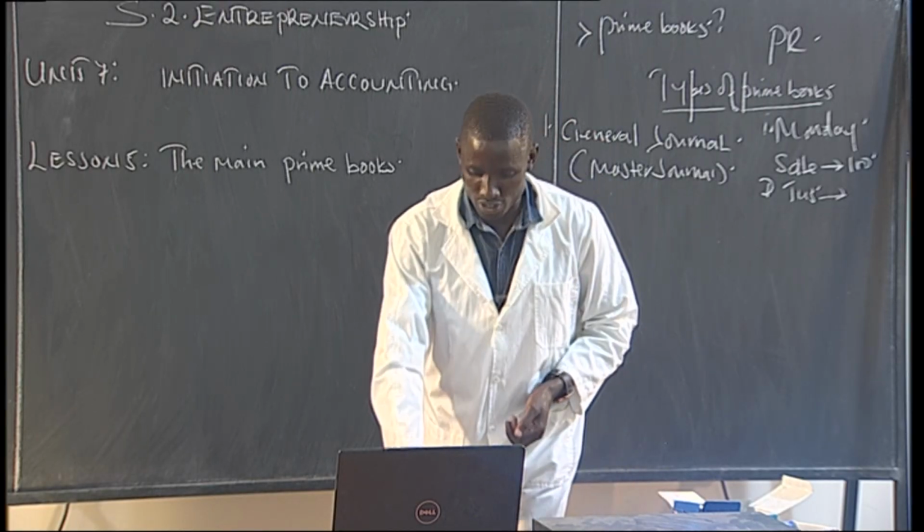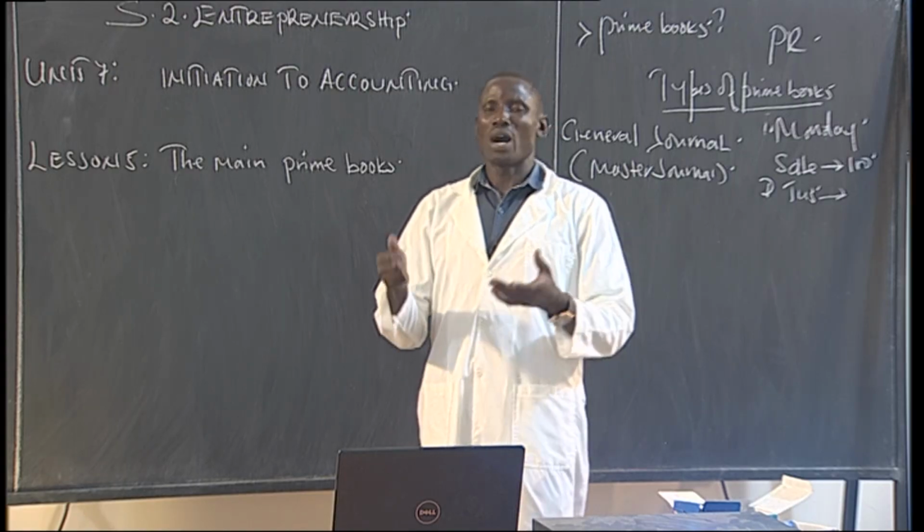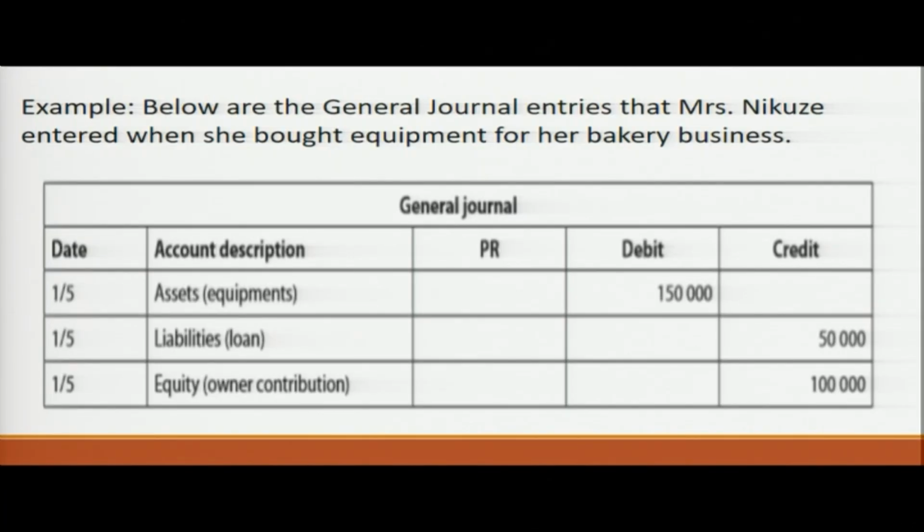And when you look at our example, we say that in example number one, below are the general journal entries that Mrs. Nikuze entered when she bought equipment for her bakery business.